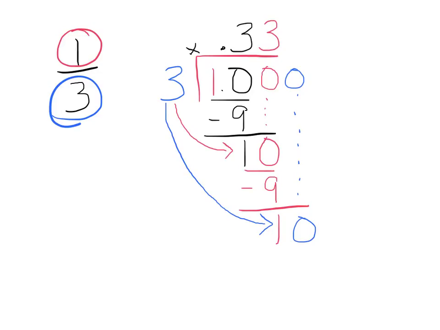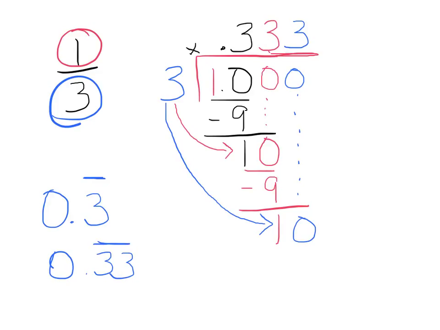And I say, can 3 go into 10? And it can, 3 times. Do you notice a pattern here? This is a repeating decimal. So I can write it like 0.3 with a repeat bar, or 0.33 with a repeat bar, or I can write 0.333 repeating.